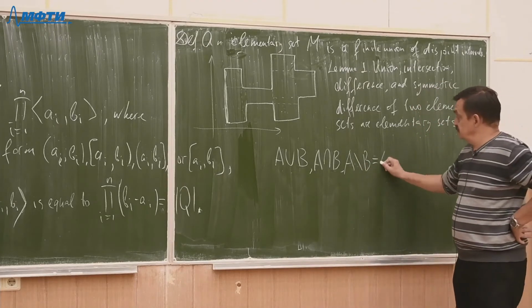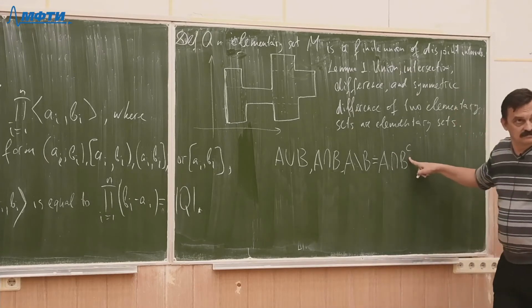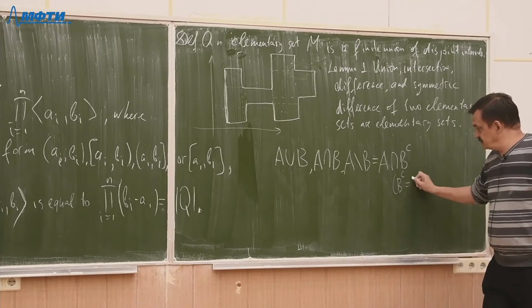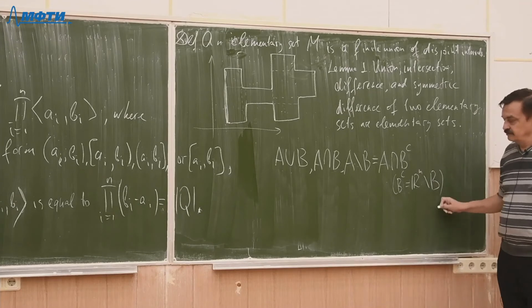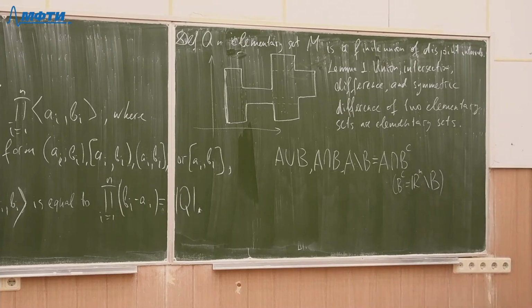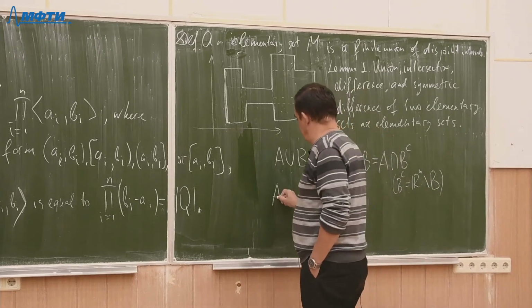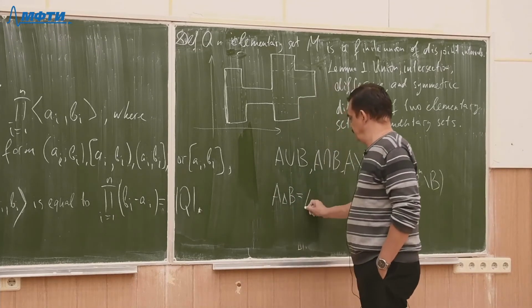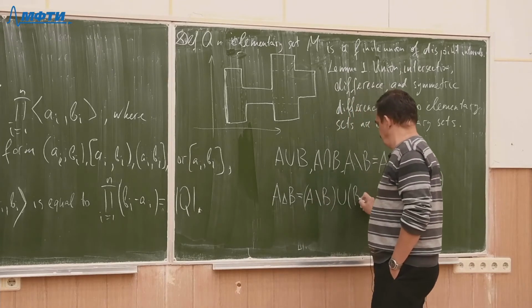Difference means intersection with the complement. So what is the complement? Complement is Rn without B. So everything outside. But what is symmetric difference? By definition, symmetric difference is A minus B together with B minus A.